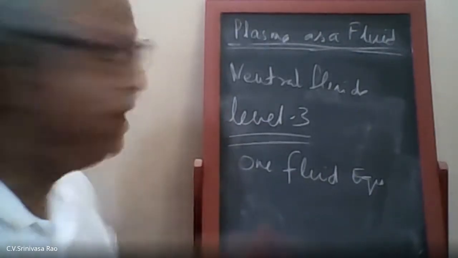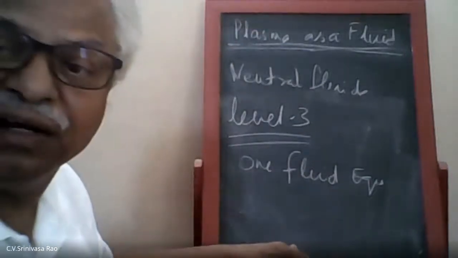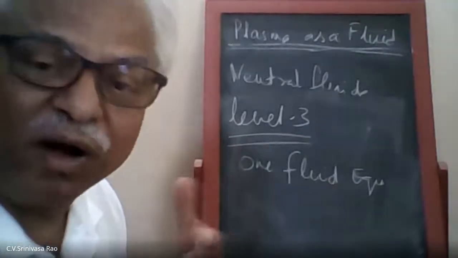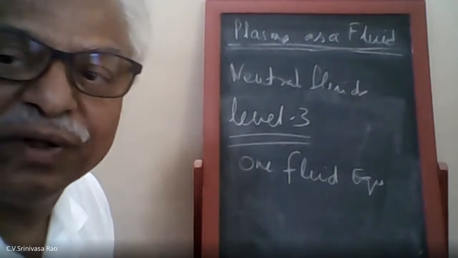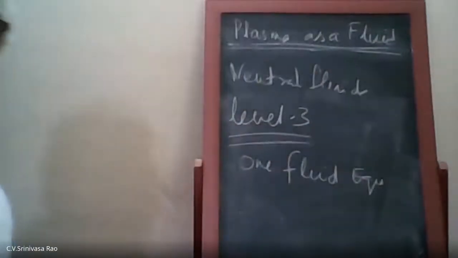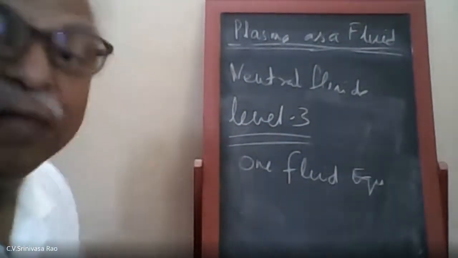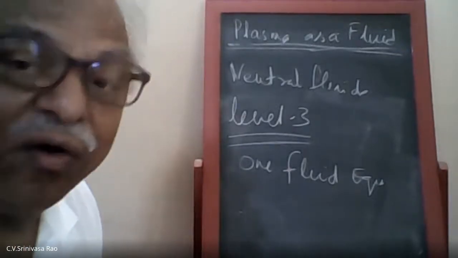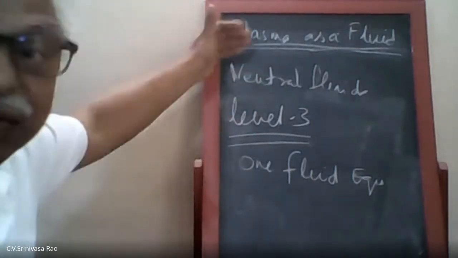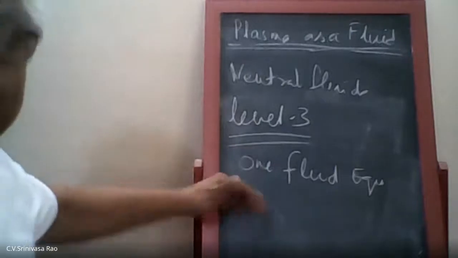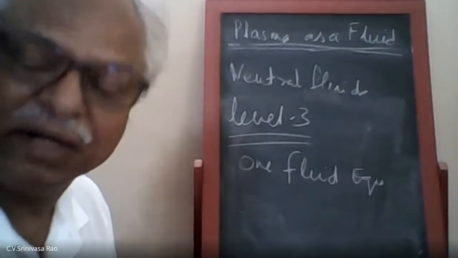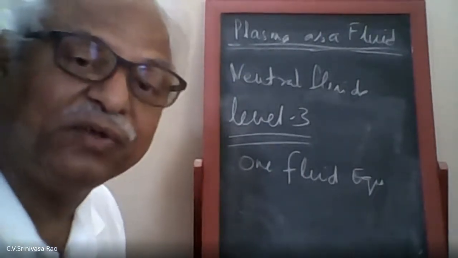So basically what you are doing is from level 0 to level 3, we are making it more and more approximate. So the model is becoming more and more crude. So that is how, as I told you in my previous lecture, that you are making it crude, but retaining all the physics. Okay, so that is the reason why we are going from level 0 to level 3. We know that we are actually making a lot of approximations, but then it is a useful approximation because you are able to understand the physics.